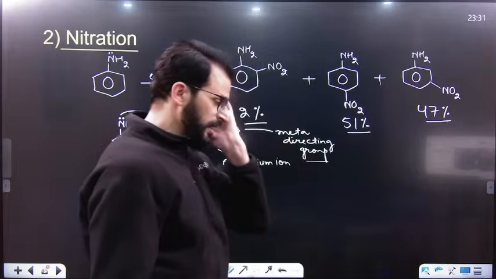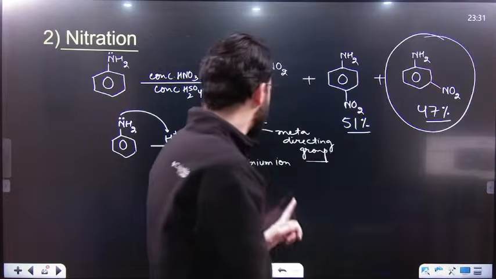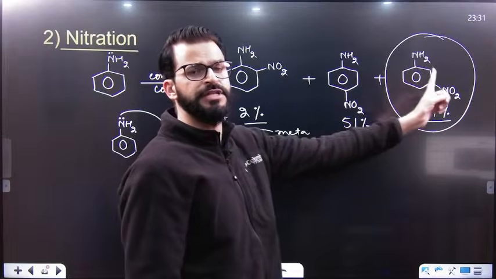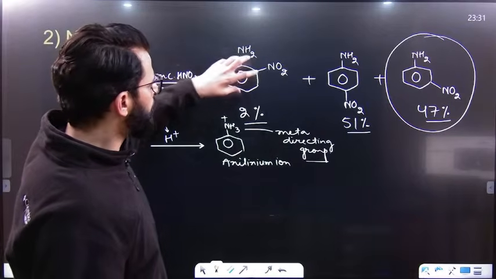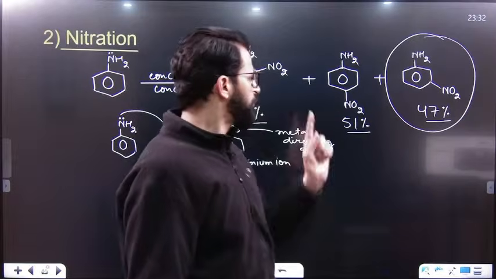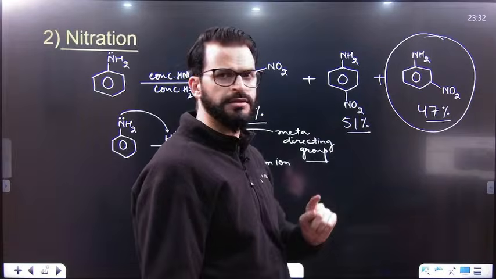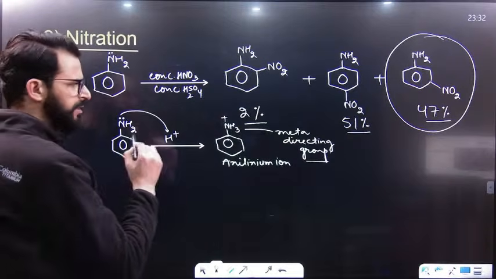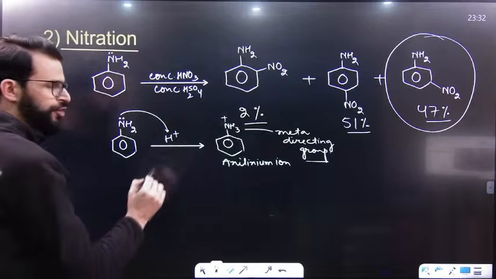I hope this is clear. So now tell me why this is formed. This is formed due to the formation of anilinium ion. If anilinium ion is not formed, this cannot be produced. Our aim was to produce ortho nitroaniline and para nitroaniline. If we want to produce only these two, we don't have to form anilinium ion. But anilinium ion is not formed only if H positive is not there.